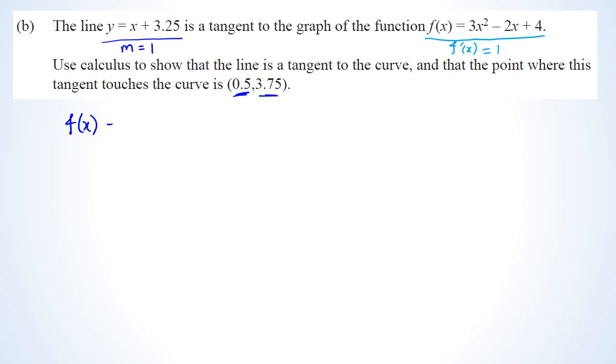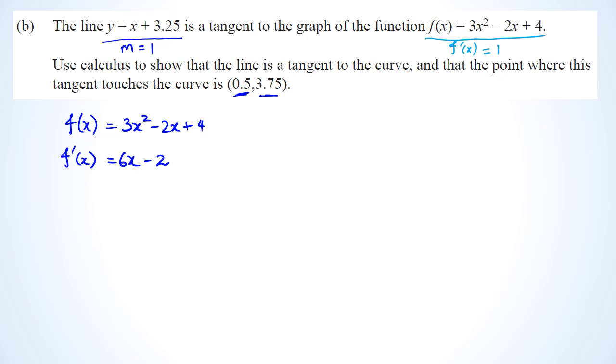I've got f of x equals 3x squared minus 2x plus 4. Differentiating it, I get 6x minus 2. Because the tangent has a gradient of 1, the gradient has to equal 1, but I need to figure out for what x value.